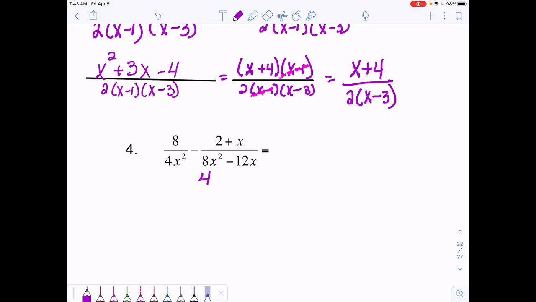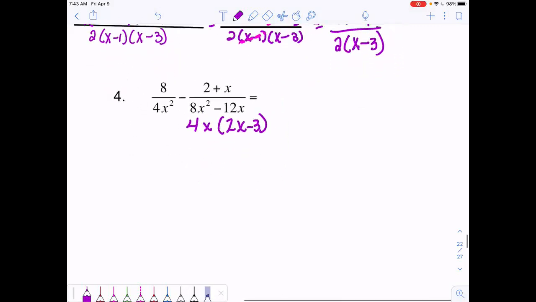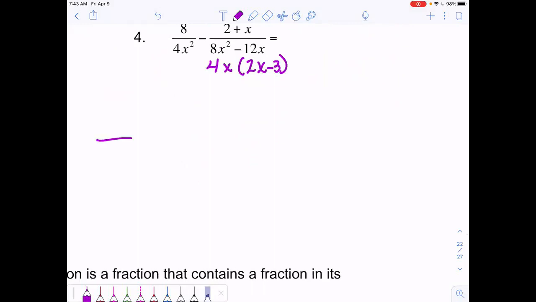What else do they both have besides a 4? An x, yeah. And then leftover would be 2x minus 3.